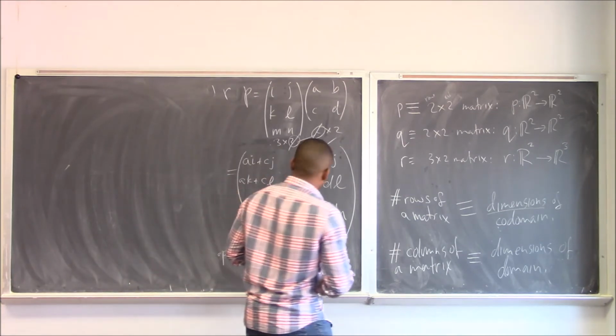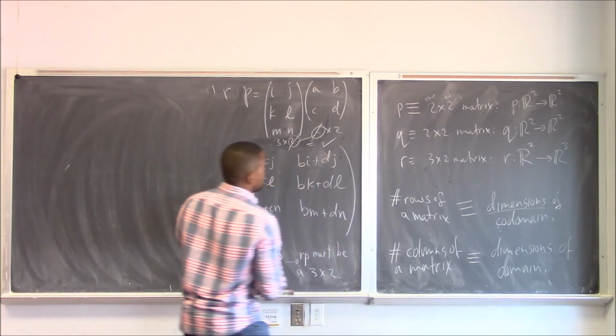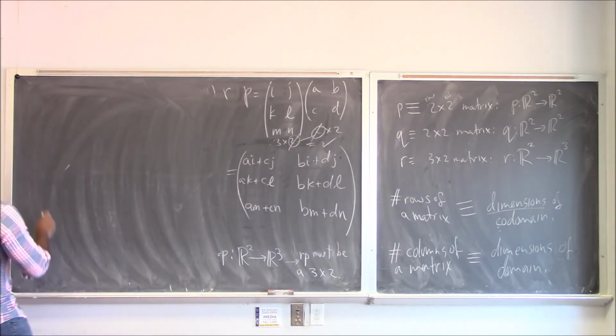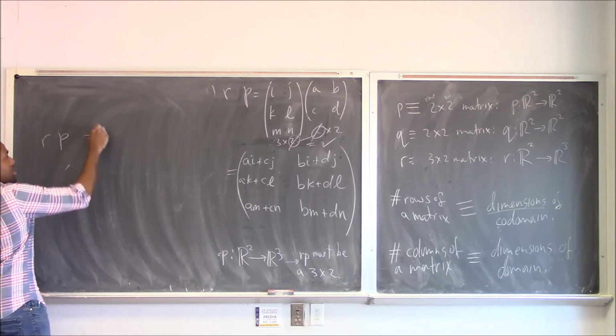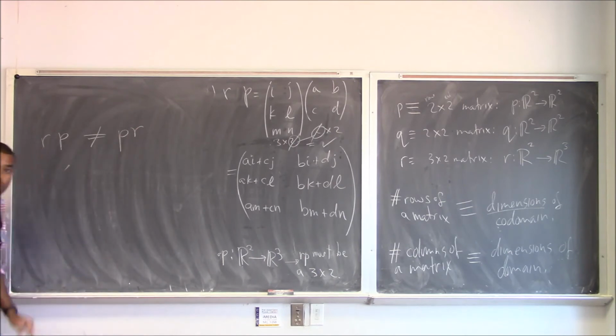Another thing I want you to notice is that when I had RP, it was not the same as PR. Did you notice that? The compositions obviously don't work in the other order.